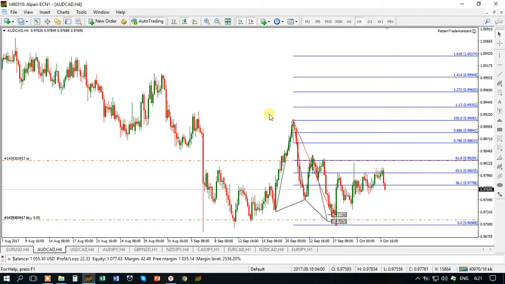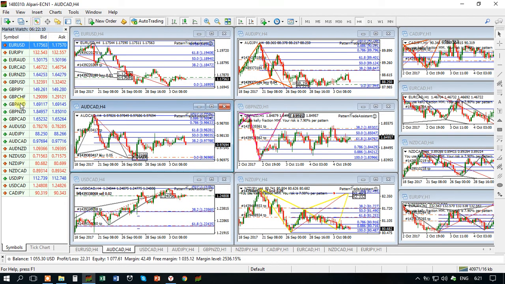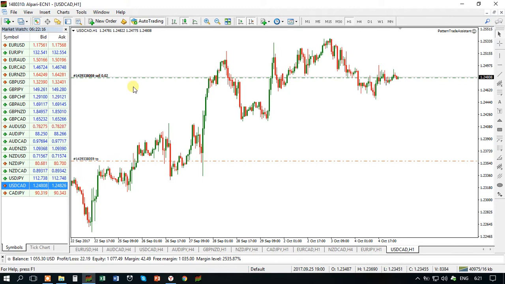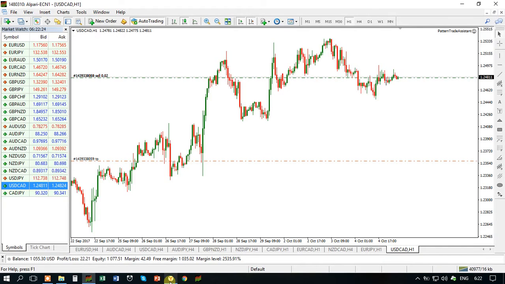Dollar Canadian. Let's go. USD Canadian. Oh, I have it this way. Dollar Canadian. Open the chart window. I have a sell on this position already based on 4 hour maybe, and it is a buy.